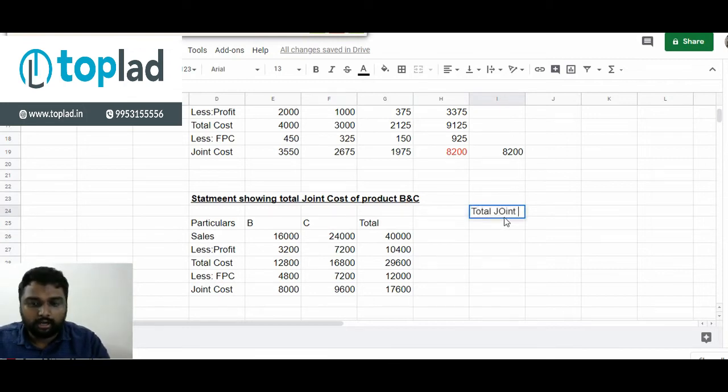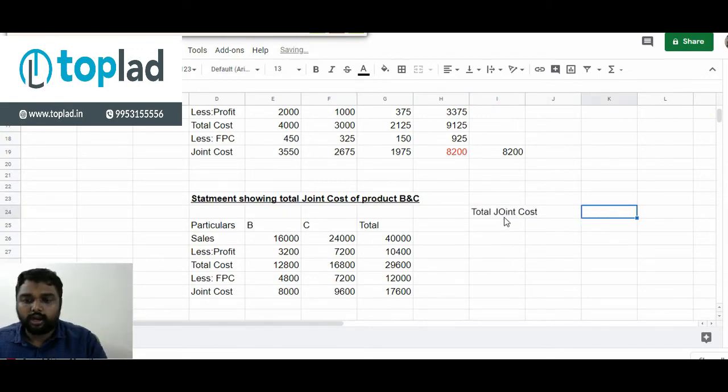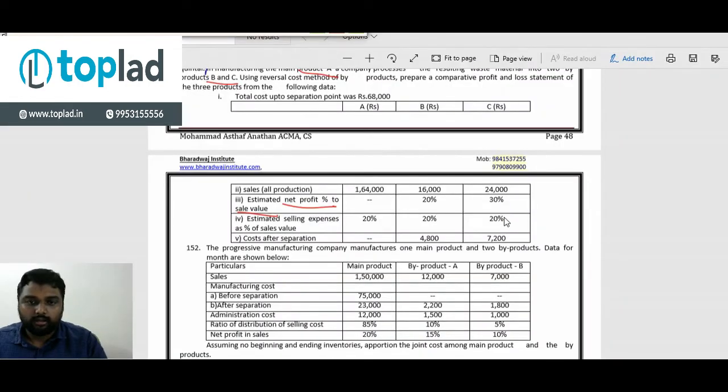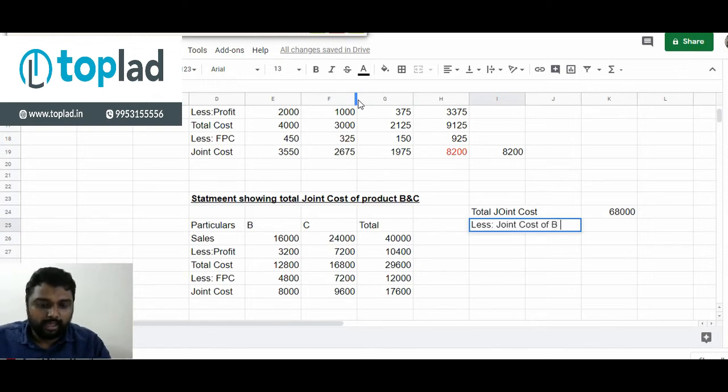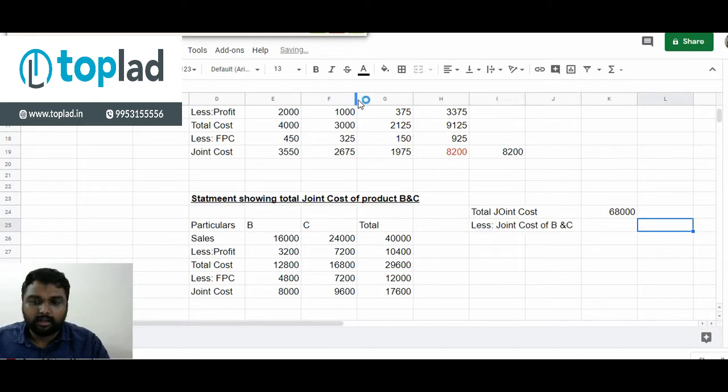So what is the total joint cost? Total joint cost is mentioned here, 68,000. So less joint cost of B and C. What is the joint cost of B and C?